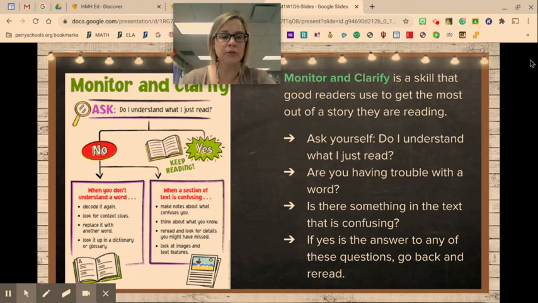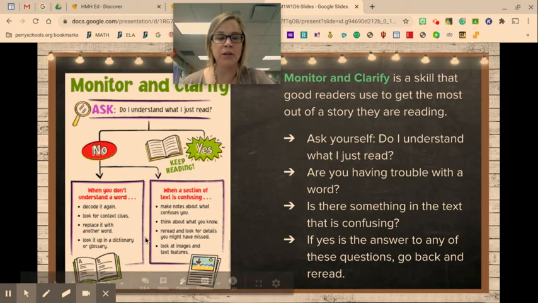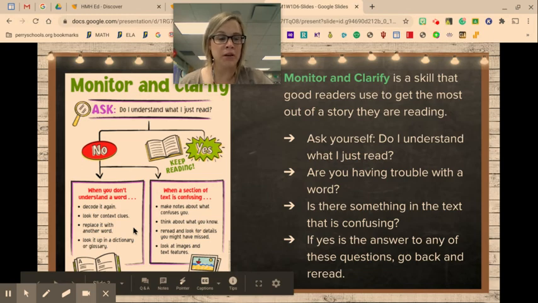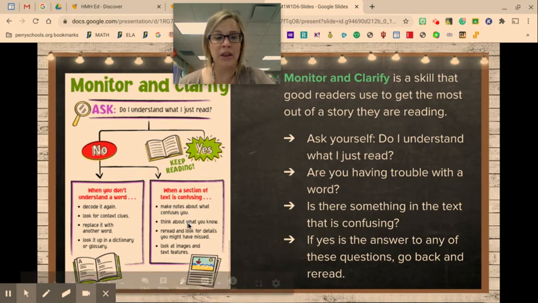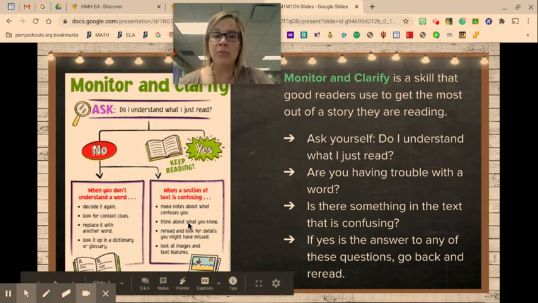If you answer no, then maybe you don't understand a word, so you need to look at decoding it, maybe look for those context clues, replace it with another word, or even just go and look up the word in the dictionary. If you're reading and you don't understand what the text is about, what is being said, make some notes down.